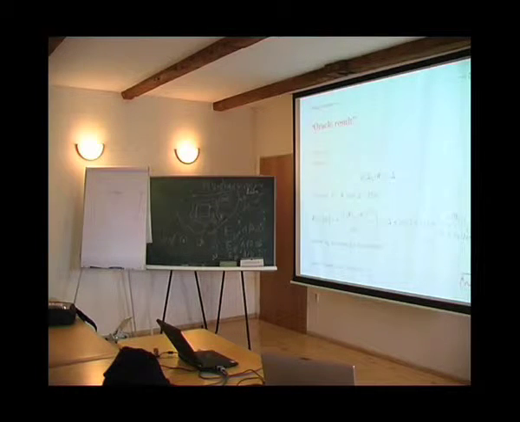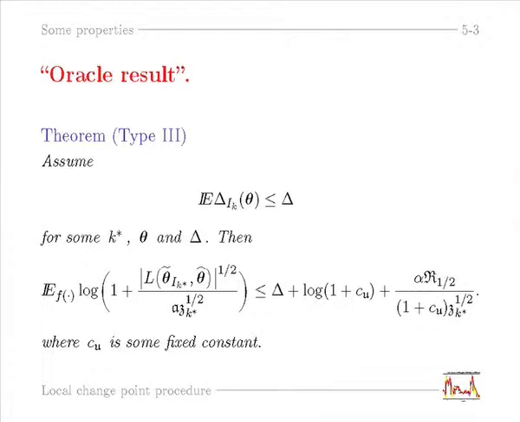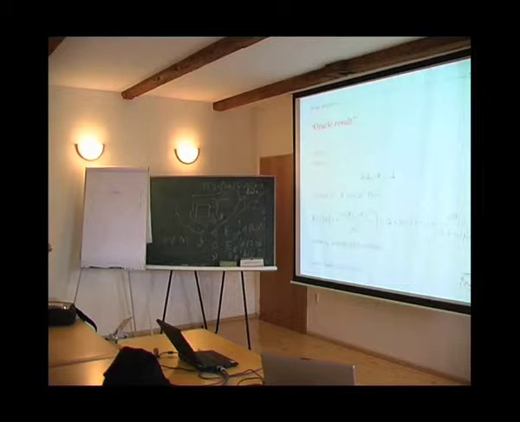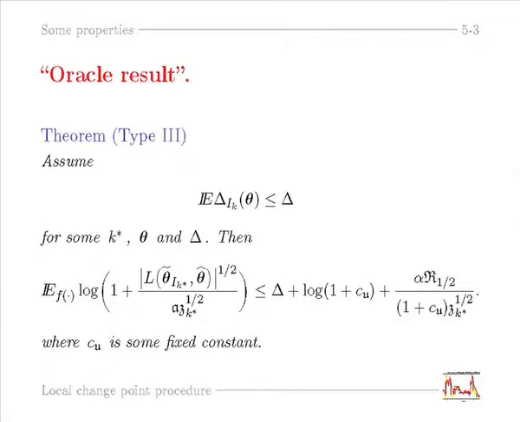So the theory can be extended here as well. There is no big difference. This oracle result, or stability result here, says that this is also a good procedure. This change point test also provides a kind of stability result.